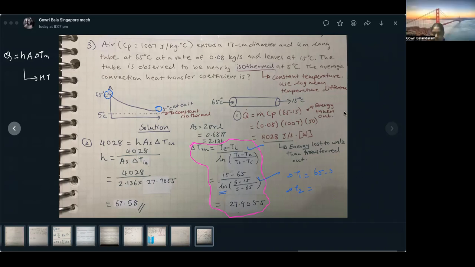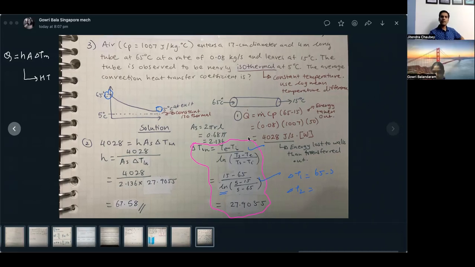Logically, you should understand that if there is a tube in which fluid is flowing, either it will get heated or it will be getting cooled.